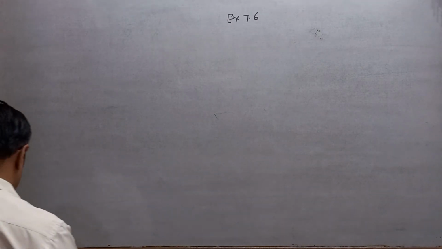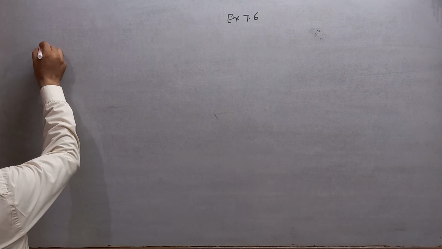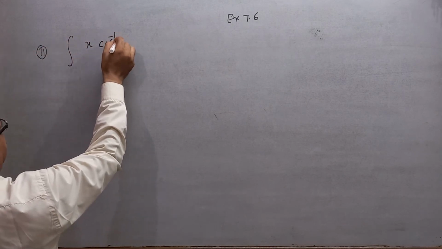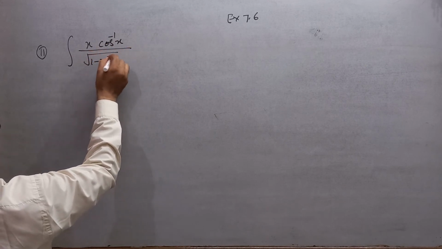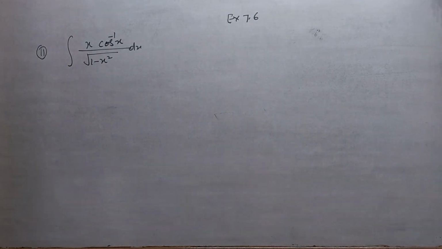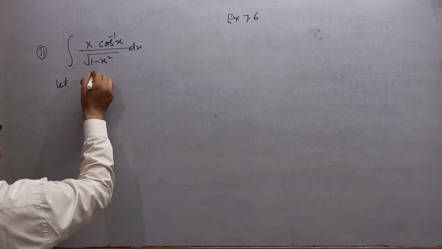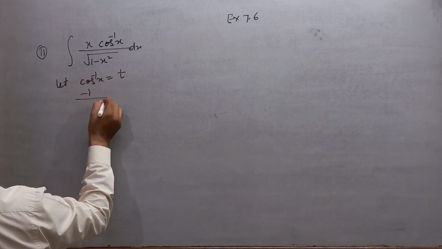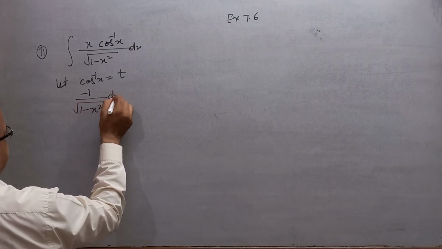Now question number 11, integration x cos inverse x upon root 1 minus x square. In this question you have to let cos inverse x is equal to t, the derivative of this, 1 upon root 1 minus x square dx is equal to minus dt.